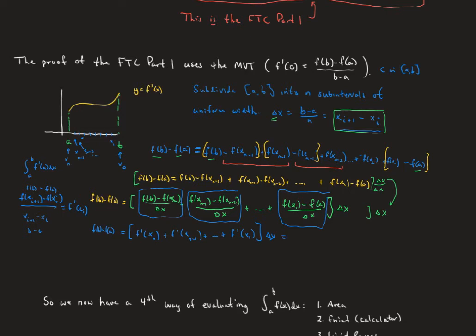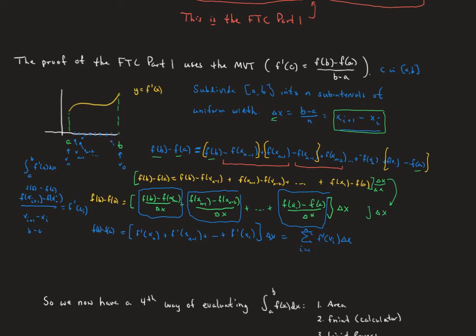So that's going to be written in summation notation, i going from 1 to n of f prime of x sub i times a delta x.